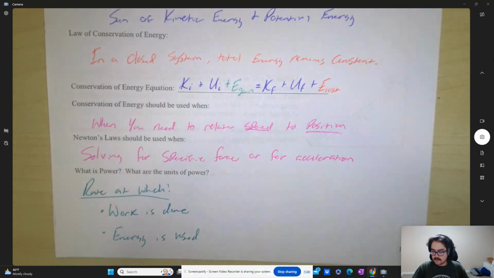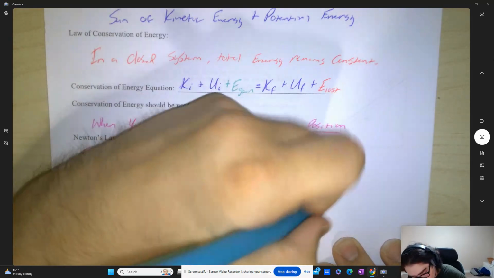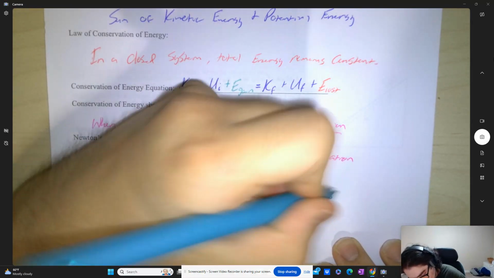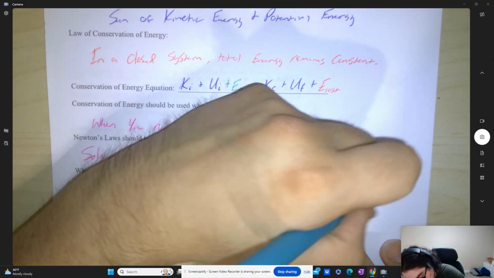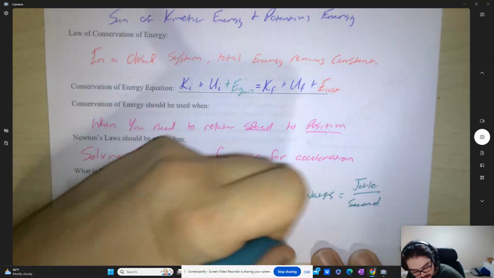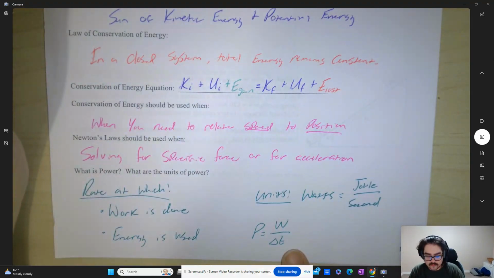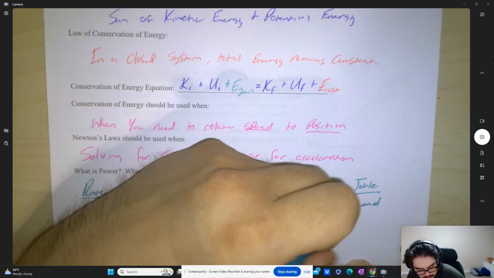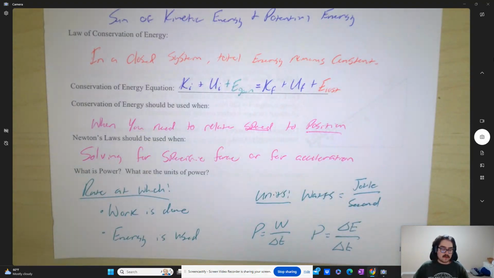The units for power are called watts, which is a joule per second. The formula for power is work over the change in time, so work done over a period of time. Or you can also see it as the change in energy over the change in time. And again, with your calculus cap on, you can probably rewrite this as a different relationship using calculus.